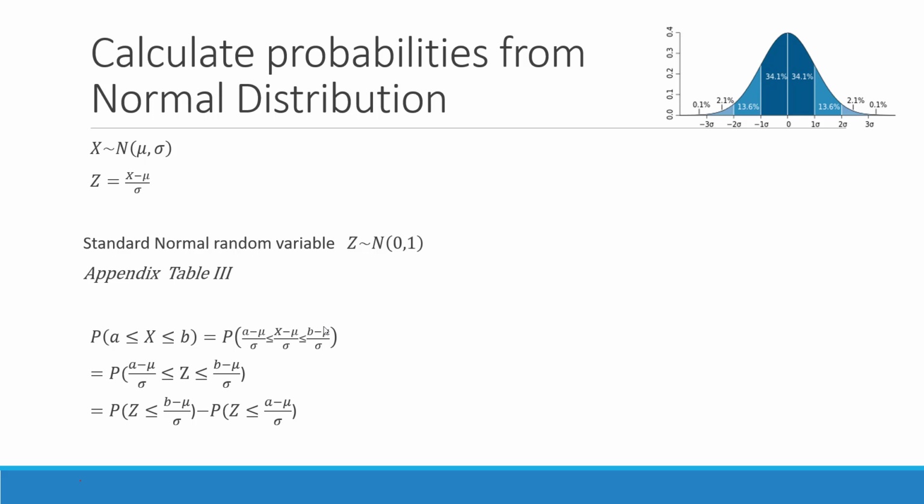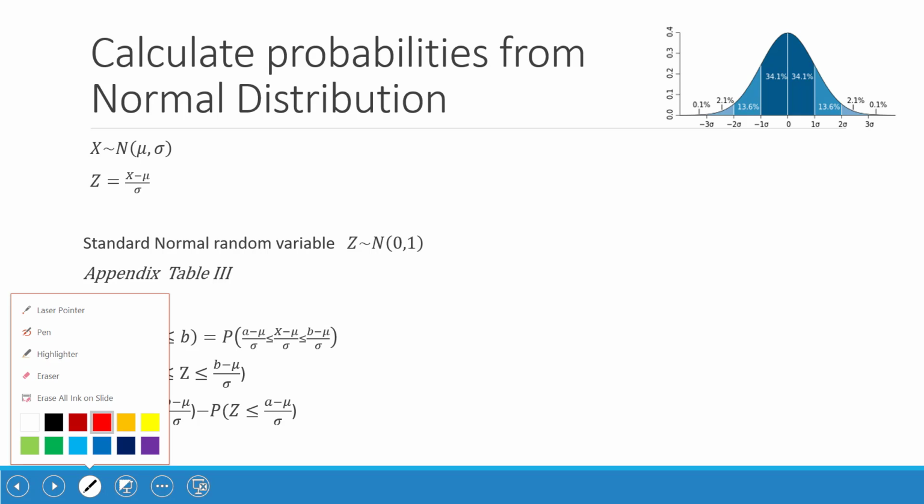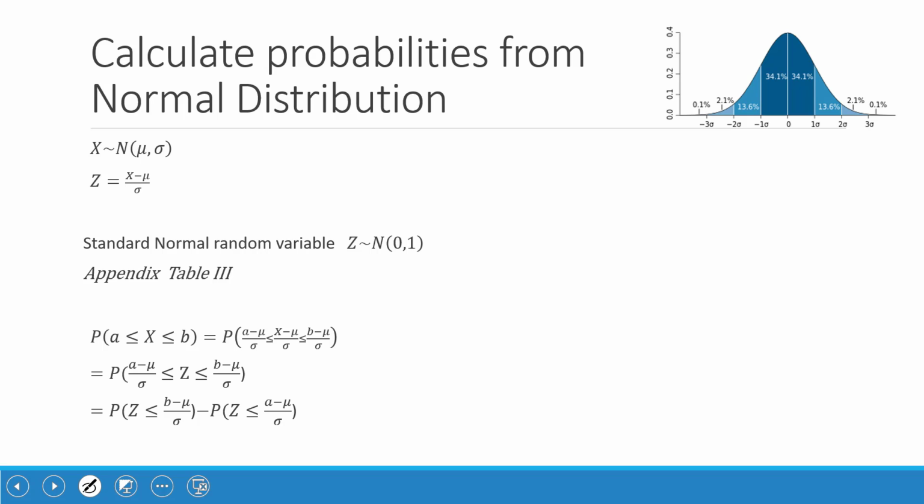Now, armed with the information of calculating probabilities from a standard normal distribution, we can use it to calculate the probabilities from any normal distribution. Any normal random variable, say X, that is distributed according to a normal distribution with mean mu and standard deviation sigma: if you want to find the probability that X takes a value between a and b, so a less than or equal to X less than or equal to b, all we need to do is convert it into a standard normal.